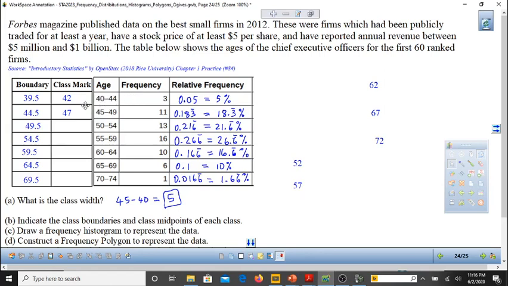It doesn't matter. If we need to represent all the values in this class by one number, it would be this guy, the class mark or class midpoint. It's a number that we would use to represent all the values in the class. And so these are my class midpoints.